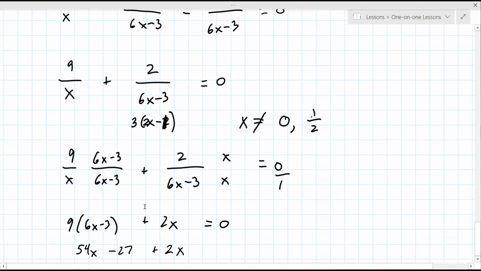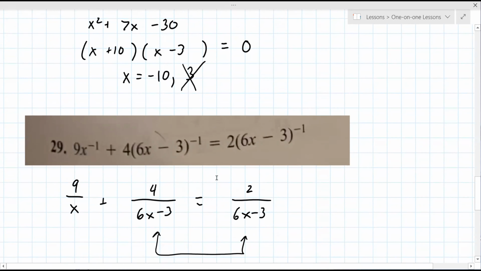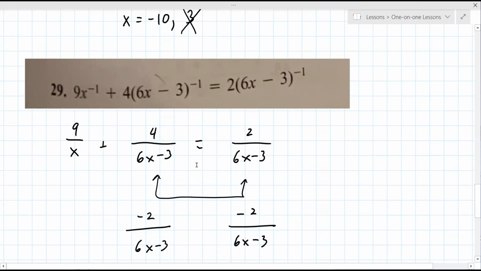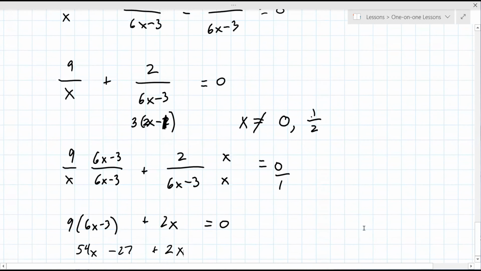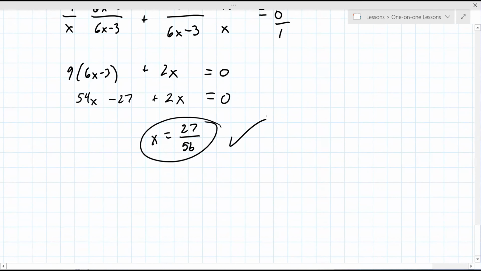Yeah, but you got this 2x here. Oh, plus 2x. Oh, I forgot about that. So you subtract this. Yeah, 54x plus 2x is 56x. So it ends up just being that fraction you just mentioned there. So it's 27 over 56, which is not 1/2. Yeah. But, so it's okay.